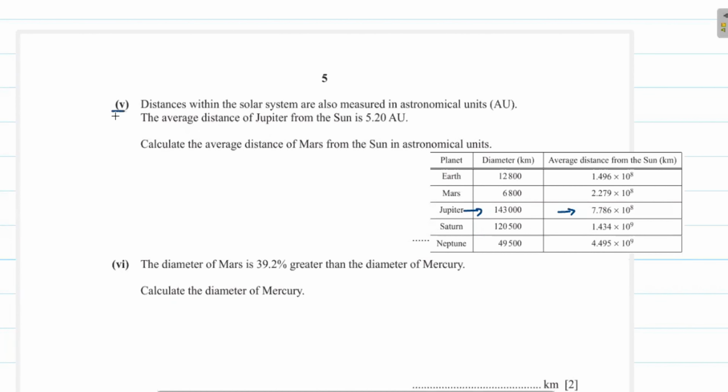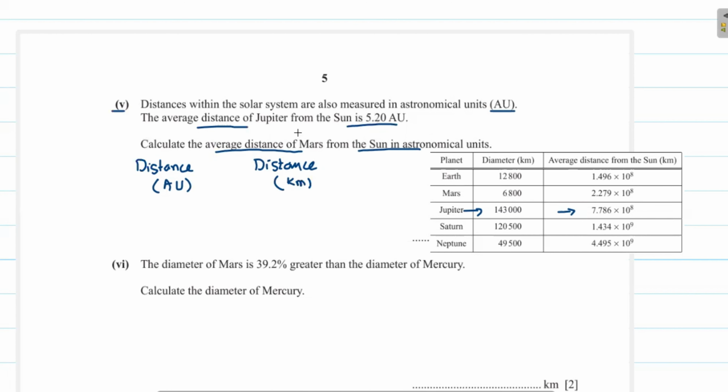Question number 3, fifth part of A. Distance within the solar system is also measured in astronomical units, AU. The average distance of Jupiter from the Sun is 5.2 AU. Calculate the average distance of Mars from the Sun in astronomical units. Now the first distance we write here is in AU, and the next distance we take in kilometers.